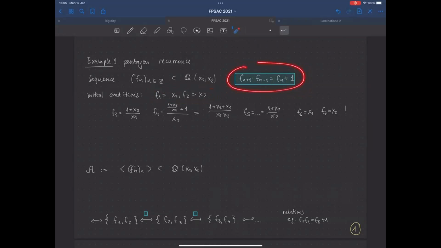And by the definition, you have to do iterated fractions. So F3 can be computed as follows. F4 is already slightly more complicated, but it simplifies nicely with this denominator x1, x2. And then you compute F5, which looks very much like F3. So the denominator becomes simpler again. And then F6 is already F1 and F7 is F2.